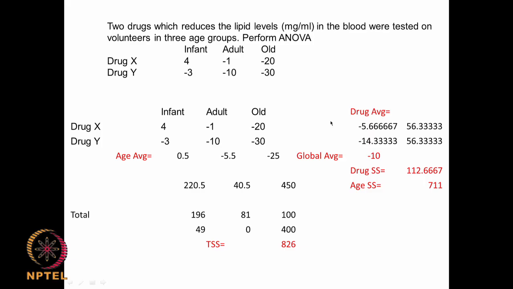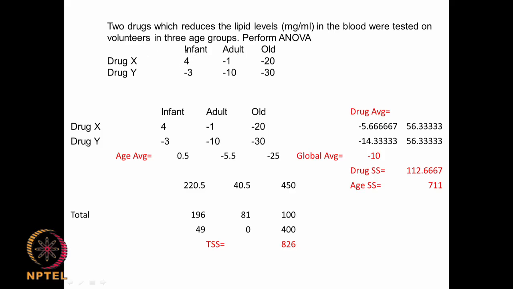Okay. Let us look at another problem which deals with a two-way situation. Okay. So we have 2 drugs, being tested on 3 different age groups. We call them the old age group, the adult age group, and the infant age group.